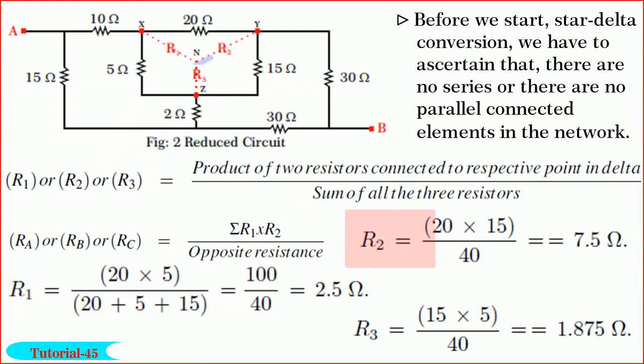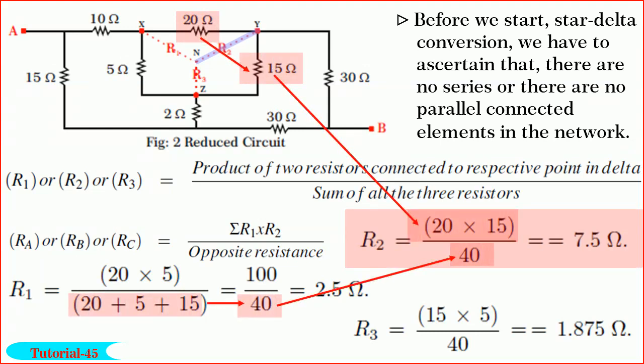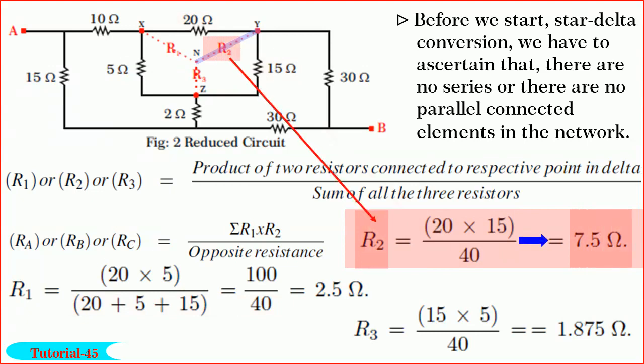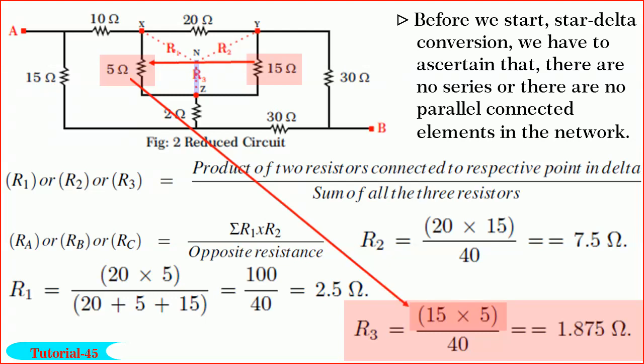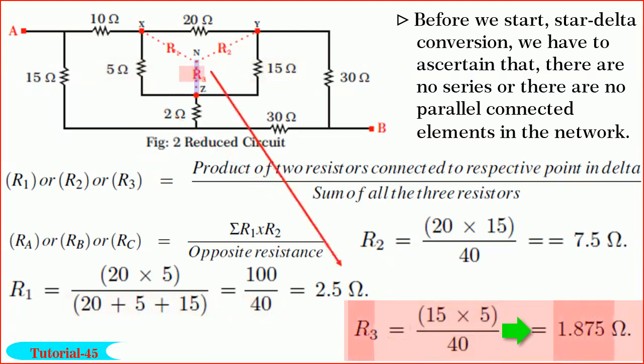Similarly, R2 is equal to 20 into 15 divided by 40, which will give us R2 is equal to 7.5 ohm, and R3 is equal to 15 into 5 divided by 40, which will give us R3 equal to 1.875 ohm.